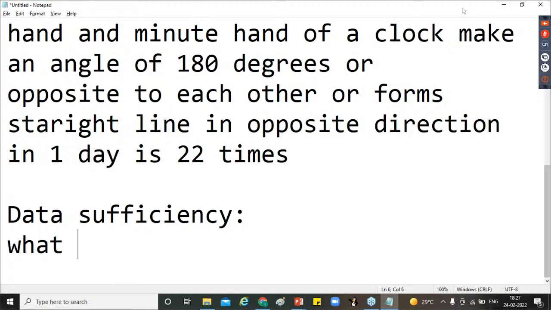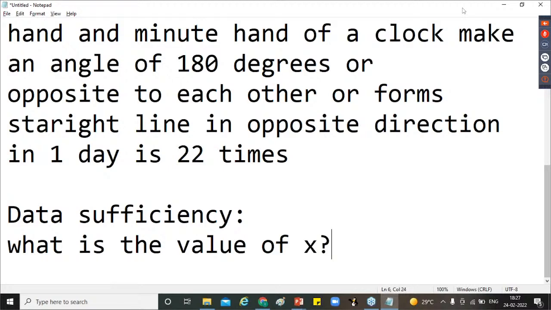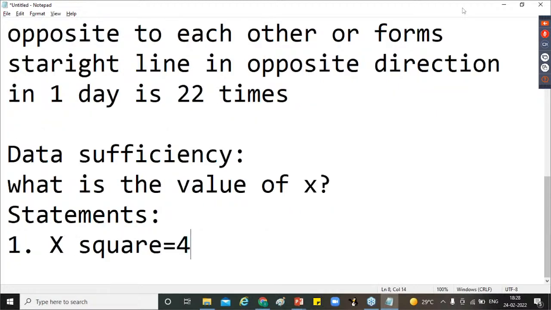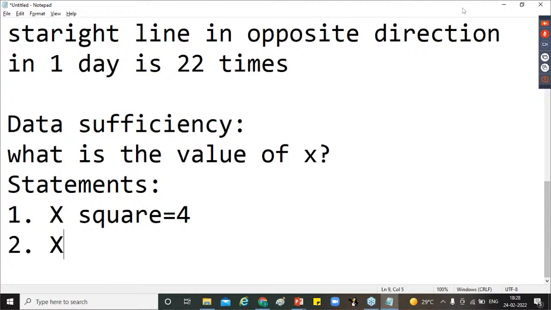For example, the question is, what is the value of x? For this, statement number 1 is x square is equal to 4, and the second statement is x cube is equal to 8. In Notepad it is not possible to write square and cube representation directly.